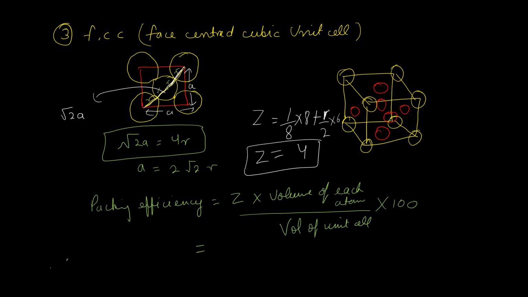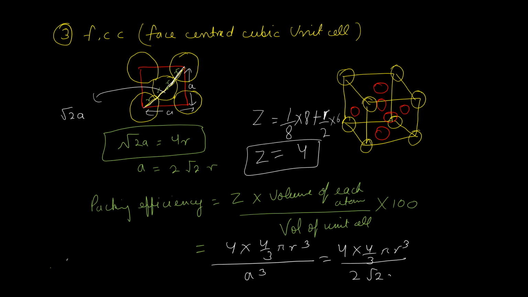It means in case of FCC, the volume occupied by the constituent particles is equal to the volume of 4 atoms. So 4 into 4 by 3 pi r cube becomes a cube. Now in place of a, you can write 2 root 2 r whole cube into 100.